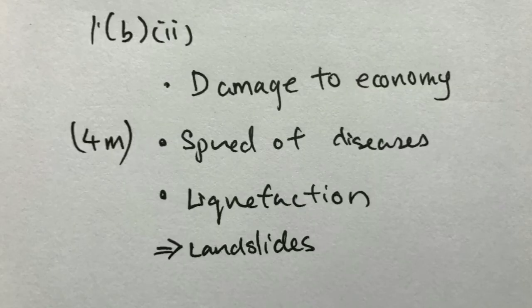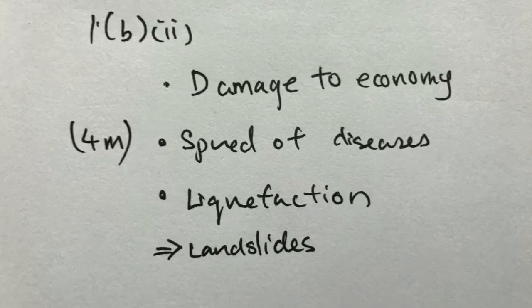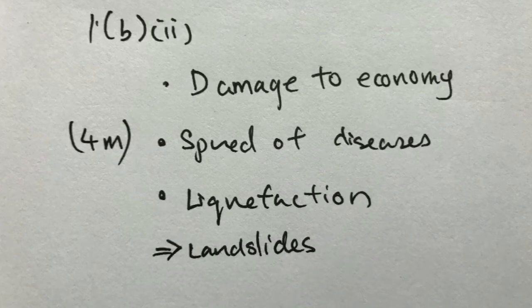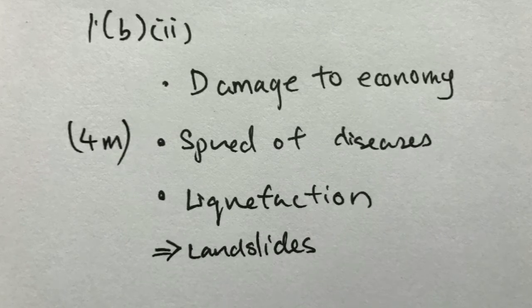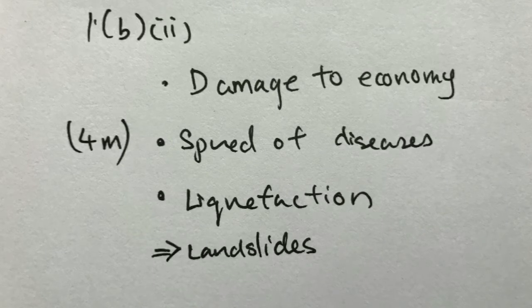For 1b part 2, the question requires you to state, other than causing deaths, 2 impacts that this earthquake may have on Kathmandu. So candidates can choose to focus on damage to economy, spread of diseases, liquefaction.